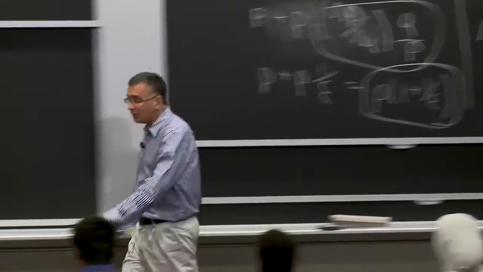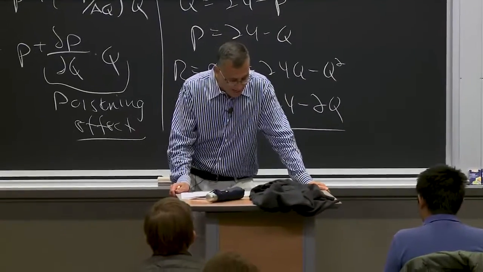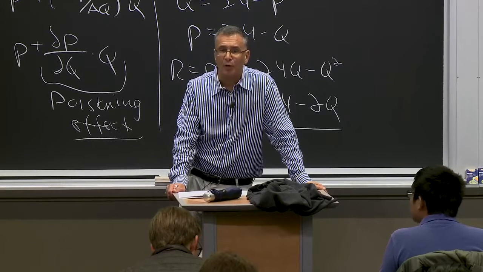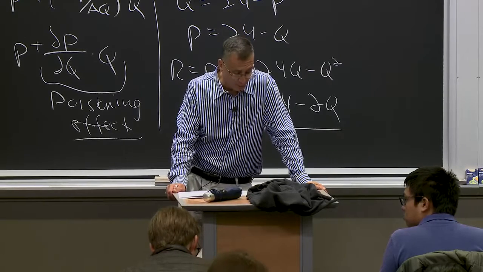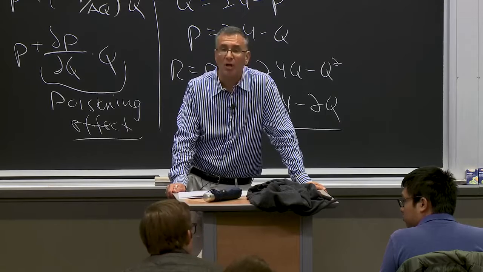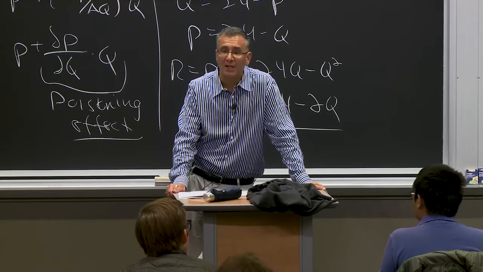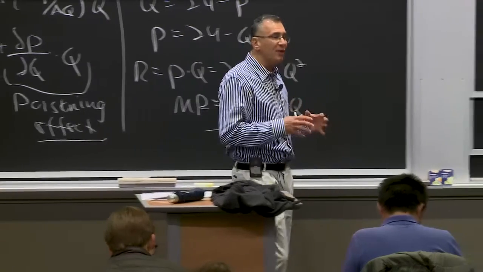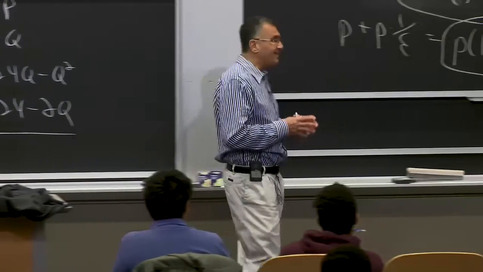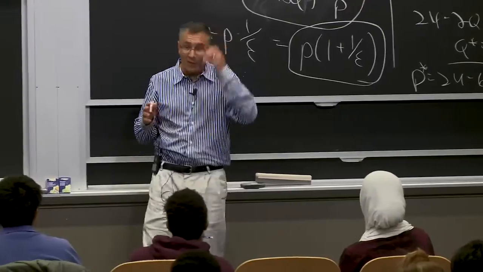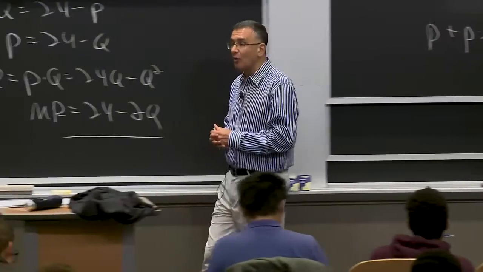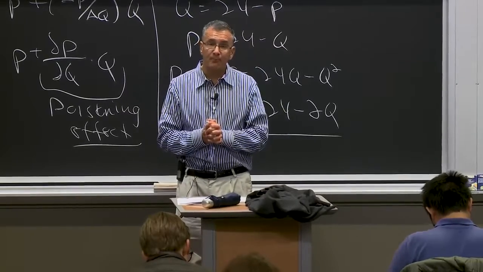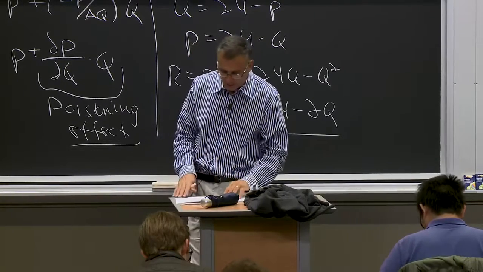Once you have a price and an average cost curve, you can both check the shutdown rule and compute profits. Profits are simply the price you get minus average costs. So we can compute the profit and check the shutdown rule. The only thing new here is this interesting quirk that we have a new marginal revenue function. Otherwise, it's the same sort of analysis we did before. So this should be doable with some practice.